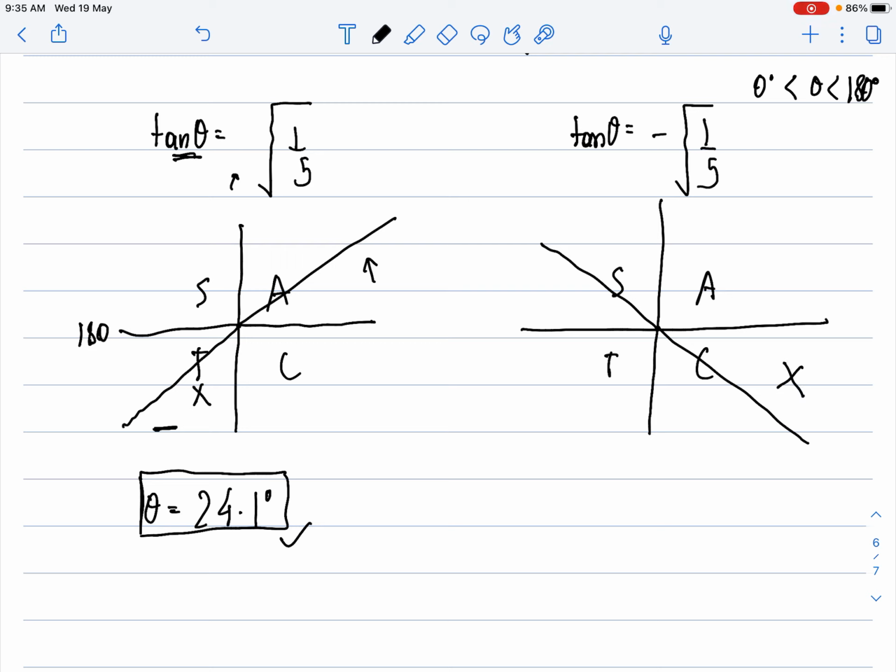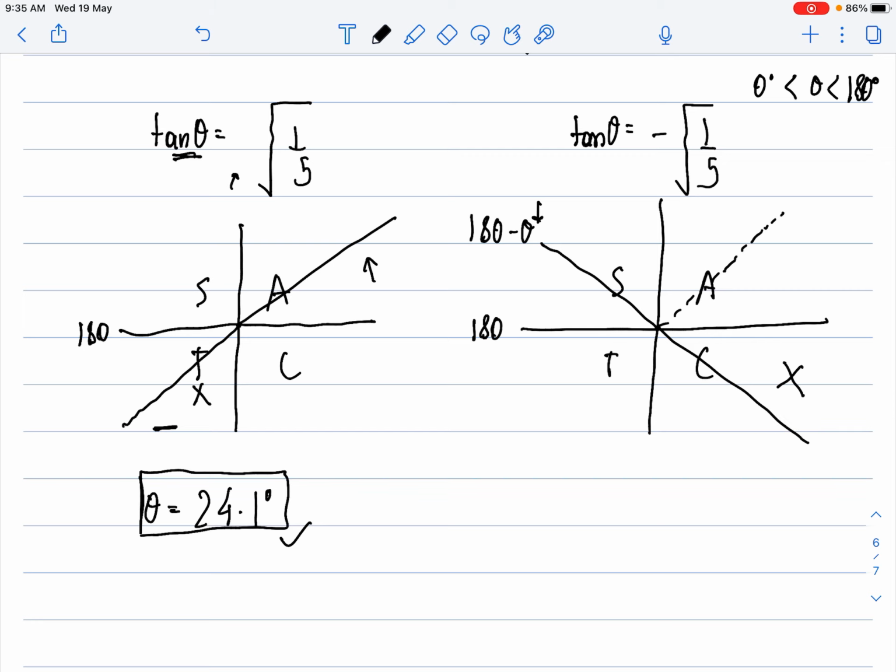Agreed? So now you need to find the value in the second quadrant. To find the value in the second quadrant, you know this is 180, correct? So you need to do 180 minus theta. Theta is basically the value which lies in the first quadrant.